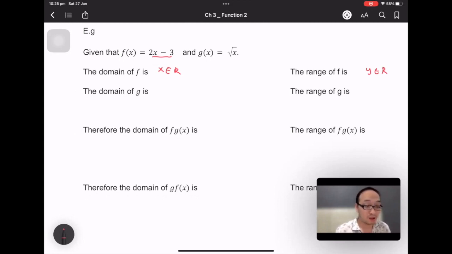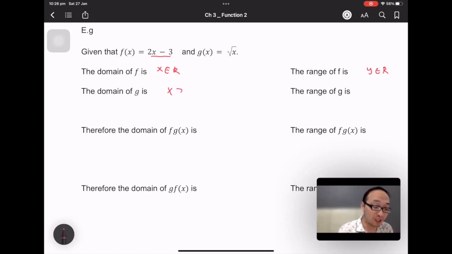Now, how about g? The domain of g is a square root. So we know that the value inside the square root cannot be negative. So the domain of g is x greater than or equal to 0.